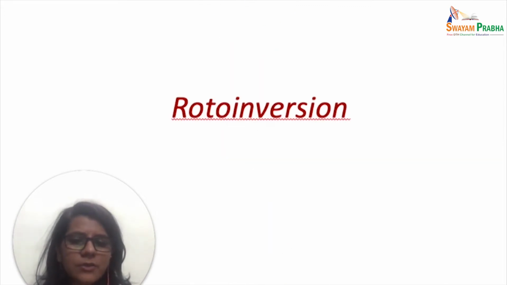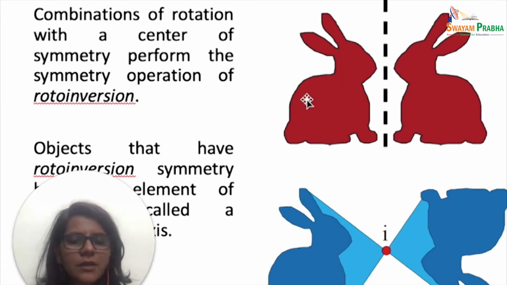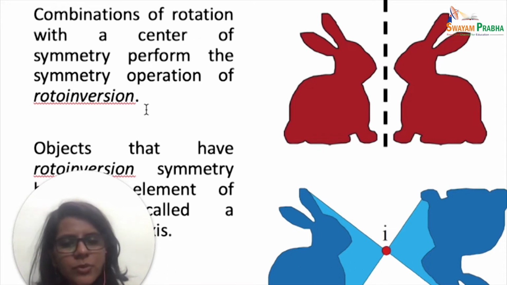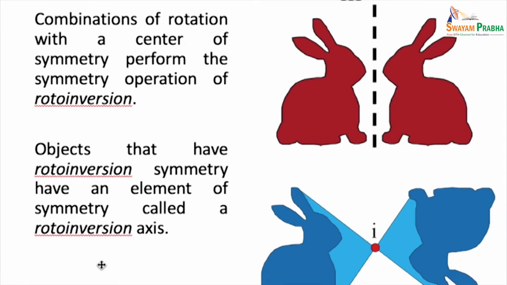Let's take a look at the roto inversion or rotational inversional symmetry. So what is roto inversion? When you combine rotation with a center of symmetry operation, then this is called rotational inversion.